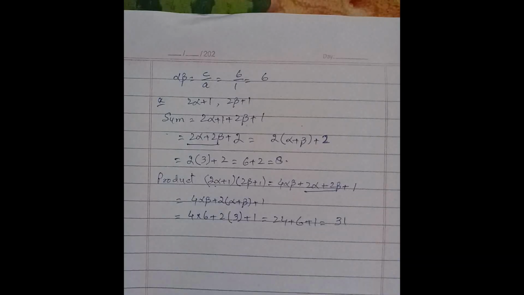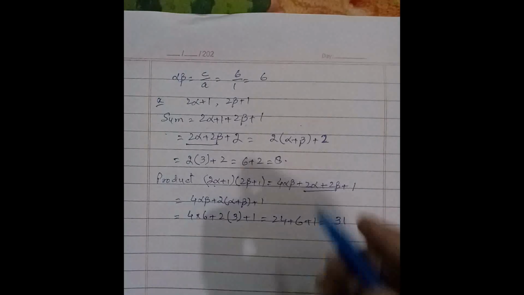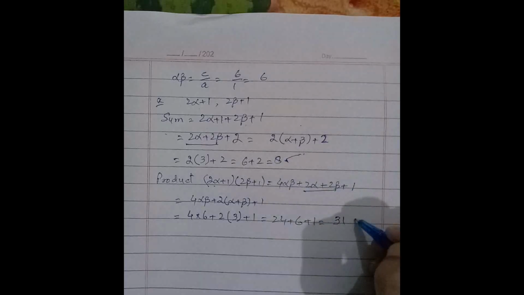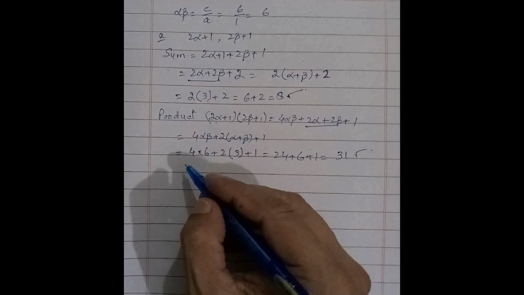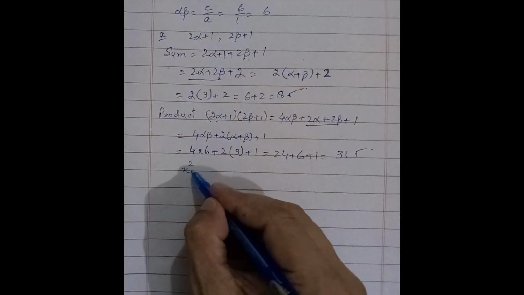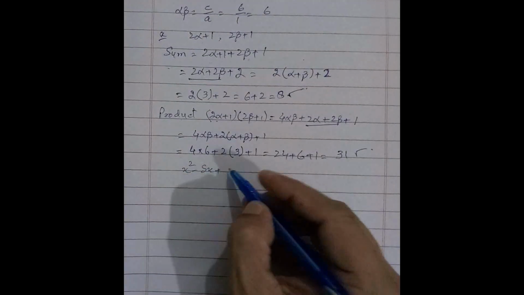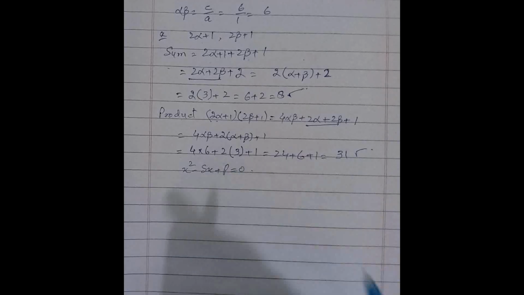And the equation we require has sum 8 and product 31. And the equation is x square minus sx plus p is equal to 0.